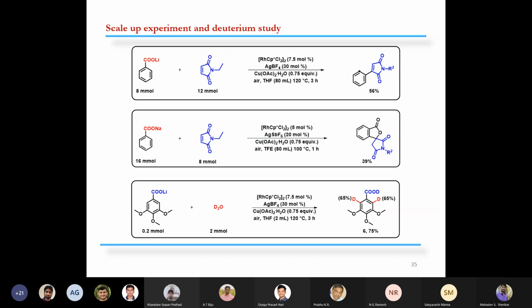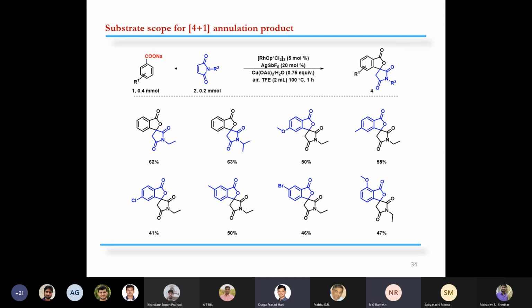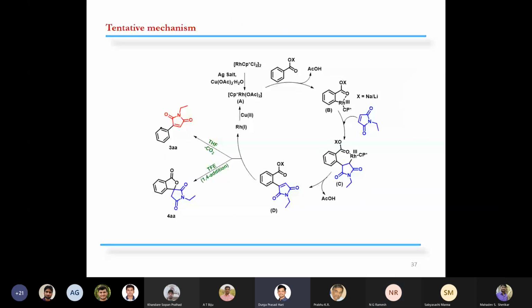Because if you go to that slide where you propose the E2 elimination and you're abstracting a proton from a maleimide, like a succinimide, not the maleimide. Yes. And if you already incorporated deuterium there, can you get some information whether there is a kinetic isotope effect in that step? Yes, sir. We can get the information, but we have not done that reaction, sir.